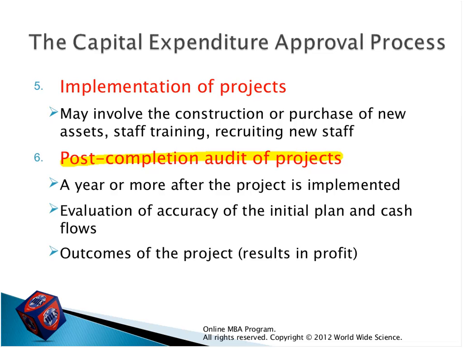But this is not the standard approval process that can be taken for any kind of company. This is just some guidelines for how you can monitor and run your project. I think all of this must be familiar to you.